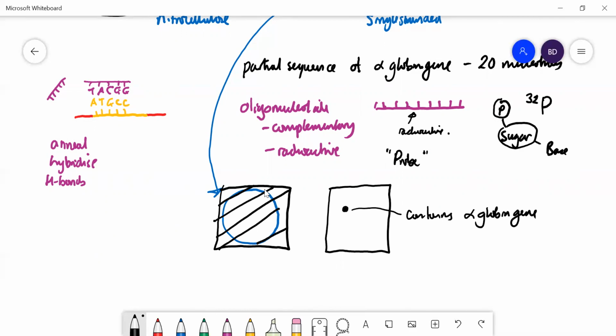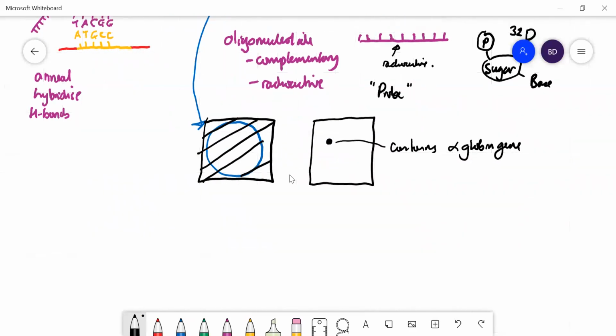So then you go back to your original library. Let's say it's the cDNA library. So here is our Petri dish. You locate the spot. So you've got loads of spots there. And you decide, well, that one contains the cDNA for the alpha globin gene.